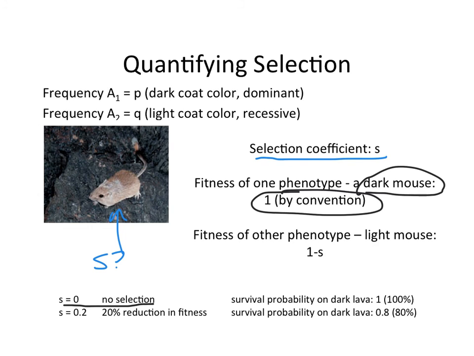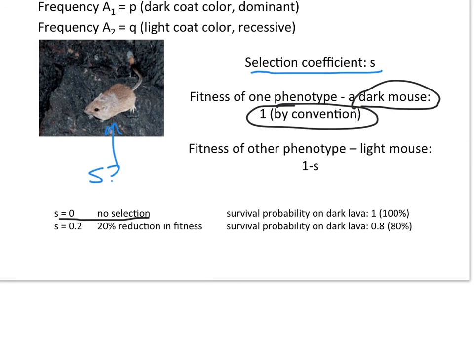So selection values range from 0 to 1. And if you happen to get a 1, that's really bad for you. So S equals 1 means 100% reduction in fitness. If you have this allele, you will die or not reproduce, at least. So that would be really bad.